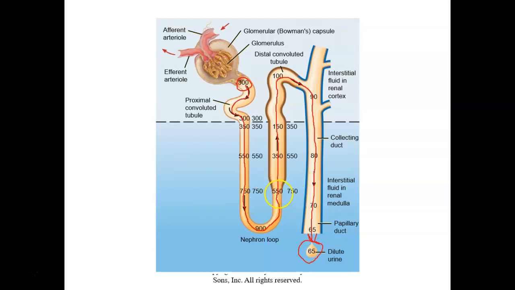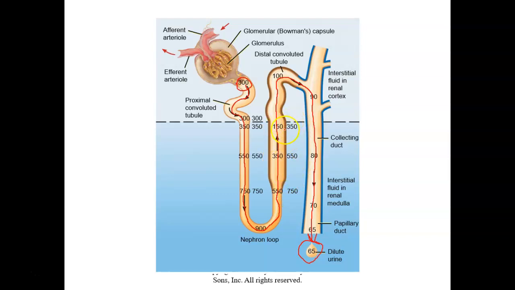Because do we see how the particles within the tubule have a much lesser concentration? For instance, 550, 750, 350, 550, 150, 350.